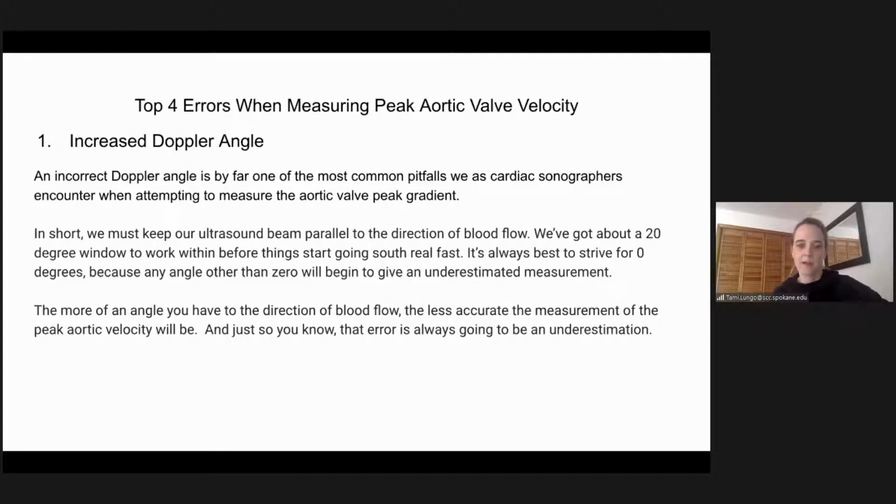You have to be as parallel as you can be in order to get an accurate measurement. So it's super angle dependent. Make sure that you open up that left ventricular outflow tract and you line it up. With older patients, the hearts begin to form a little bit differently, and it can have an angle to it. So if you can't get parallel to flow, don't record it, because it's always going to be an underestimation of the actual velocity across that aortic valve.